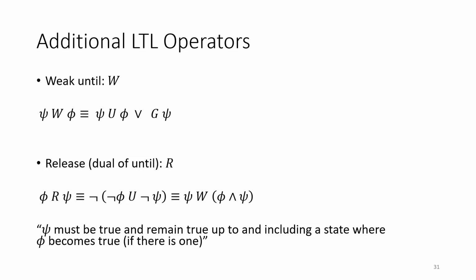But the weak until says, well, it's also fine if just psi holds the whole time and we never see phi happen. So the strong until or the regular until would say psi needs to hold until we have phi happening. But the weak until says, well, actually, either phi happens sometime in the future or not, but then if it doesn't happen, we need to make sure that psi stays true the whole time.